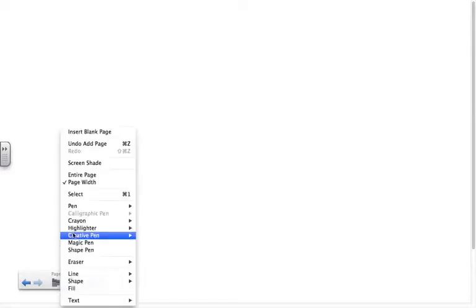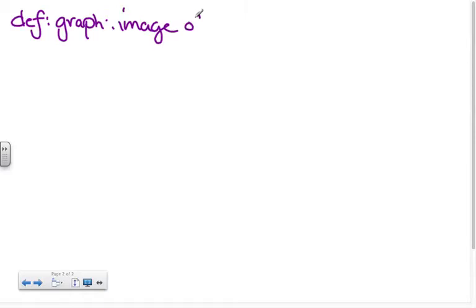Well, the first thing we want to know is what in the world is a graph? Okay. A graph, in short, is an image of a function or relation.